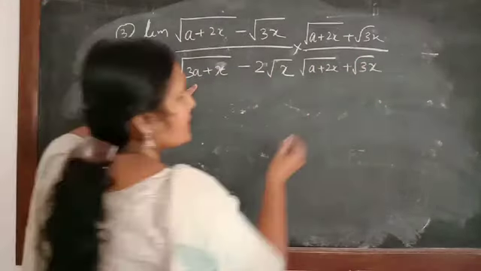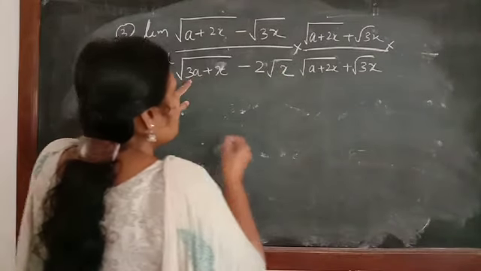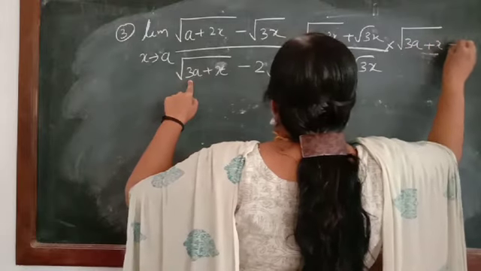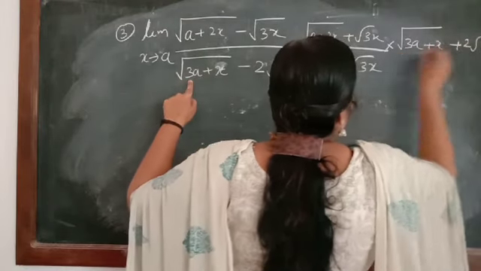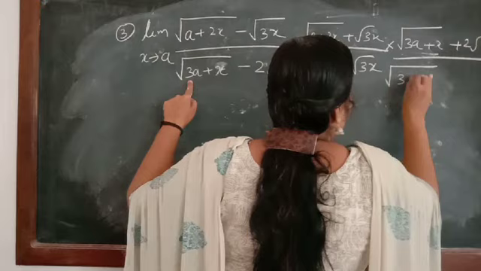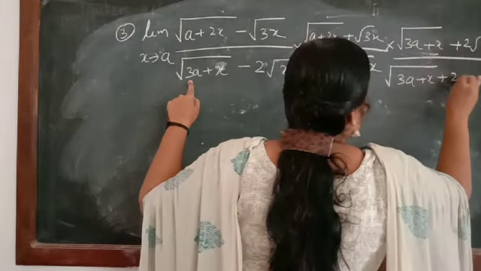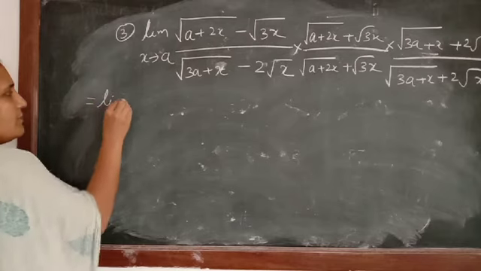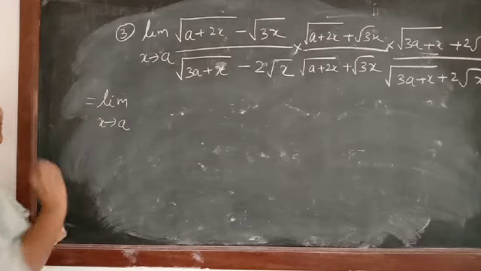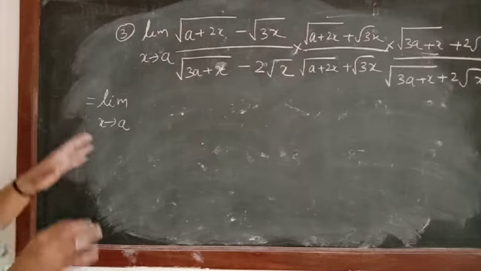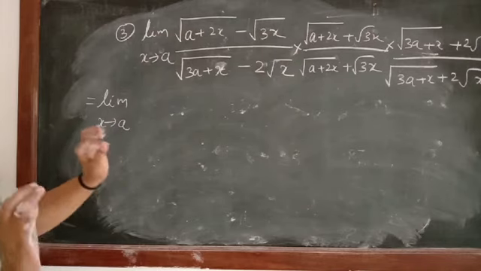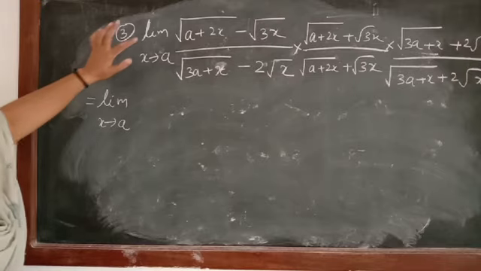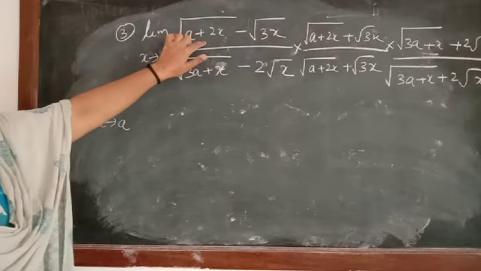Now to rationalize the denominator, we have to multiply it by square root of 3a plus x plus 2 root x by square root of 3a plus x plus 2 root x. Now in the next step we can check how to simplify it. Limit x tends to a. Don't panic by this long expression, just simplify it.